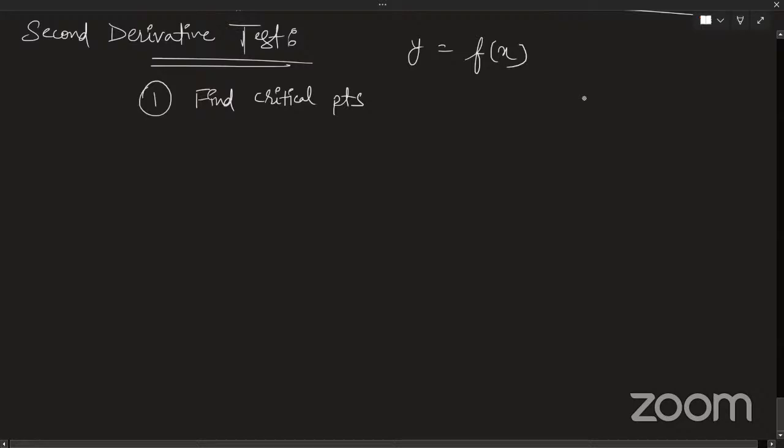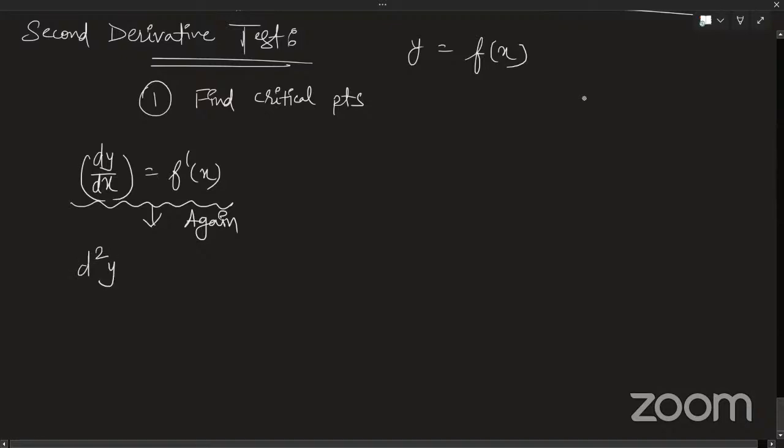You find the critical points, and then you take the derivative of this function again. You differentiate it a second time. Second differentiation is represented like this. We can write it like this.